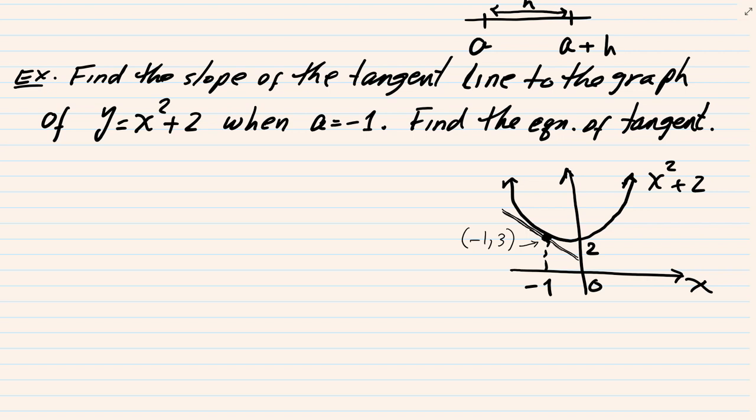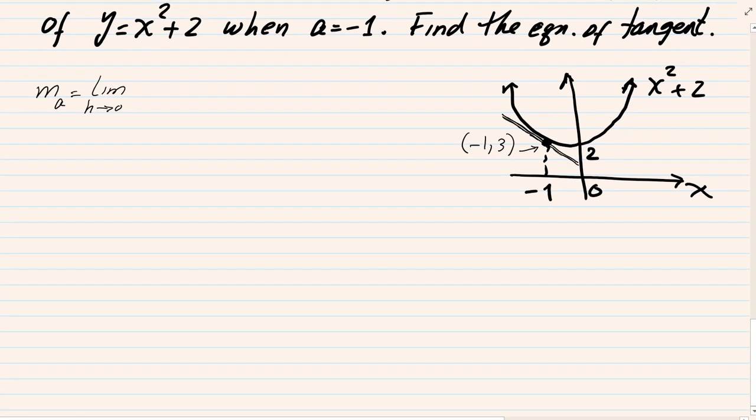So how do we find the slope? Well, the slope of the line at point a is going to be the limit as h approaches 0 of, again, we have f at a plus h. Well, f at a plus h, because this is x squared plus 2, we're going to replace x with a plus h. So that means a plus h squared plus 2, right?